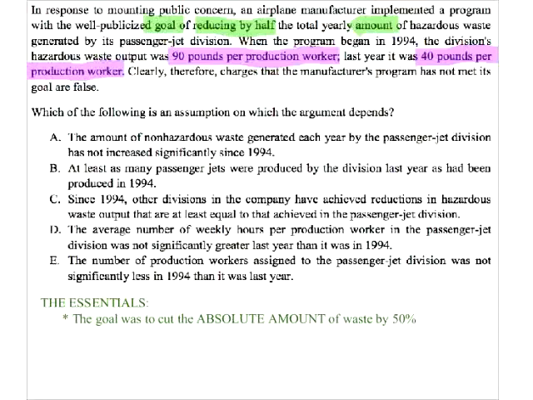The only data point we have is that the amount of waste per worker has gone down by over half. Therefore, the conclusion is that we have met the goal.